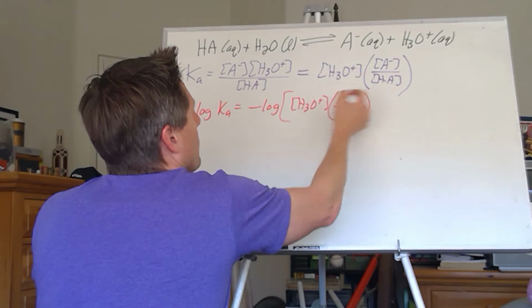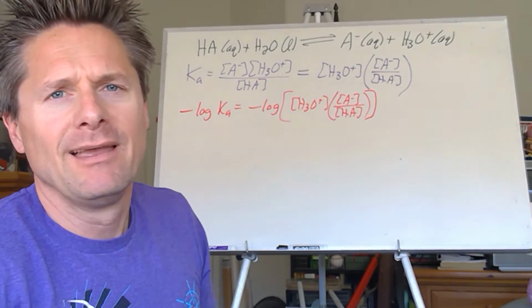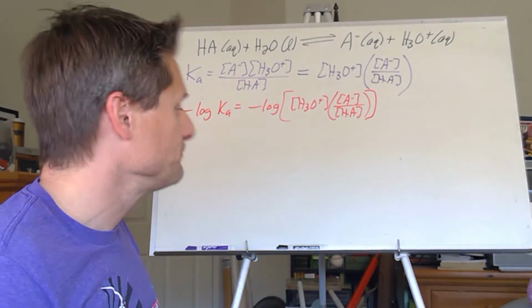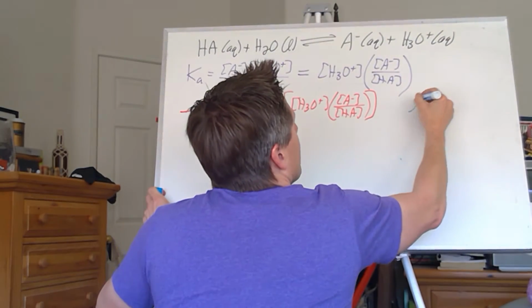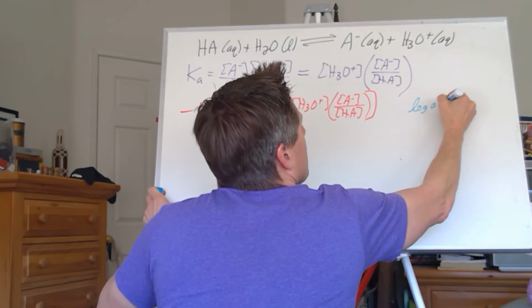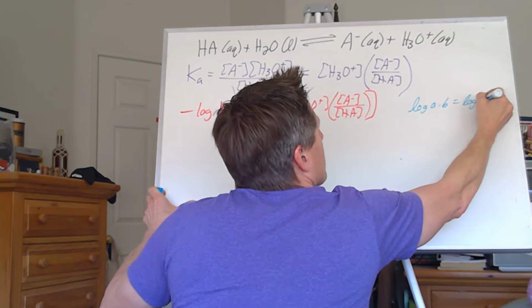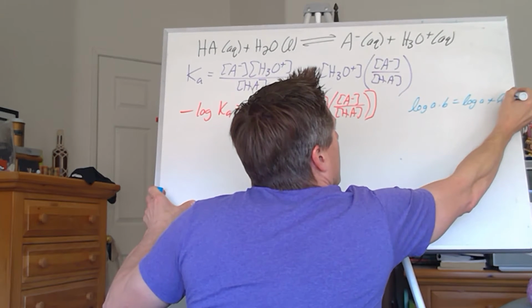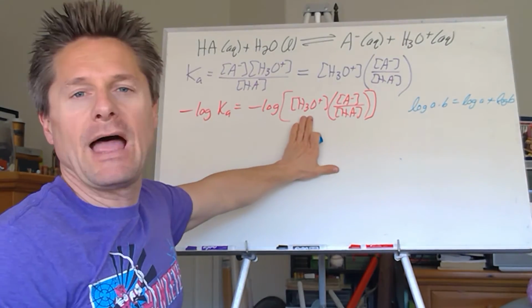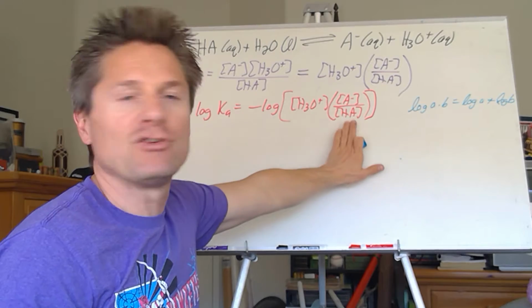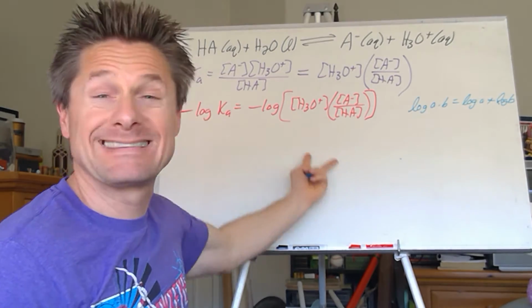So I have played around with this and just did it to both sides. Negative log of both sides. Do you remember the log trick? Log of A times B is log of A plus log of B. Picture the hydronium ion as A and the ratio of these concentrations as B. So I can split those up.